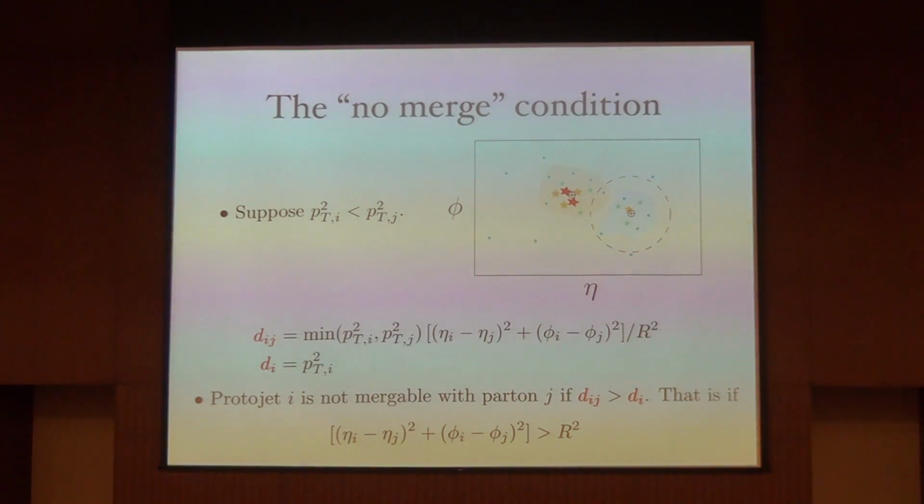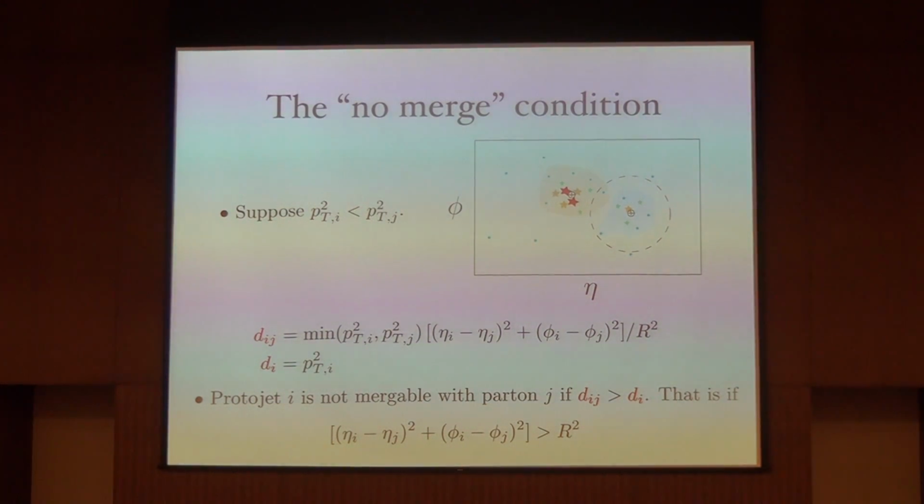That is to say, I put protojets together if their angular separation is less than this R squared. And R squared is an adjustable boundary, something of order 1. It's often chosen to be 0.7, 0.5, 0.4. In fact, there's a little bit of embarrassment that ATLAS and CMS can't agree as to whether it's 0.5 or 0.4. So one uses one and the other uses the other. Anyway, protojet i is not mergeable with protojet j if Di is less than Dij, which means that the angle distance is bigger than R squared.